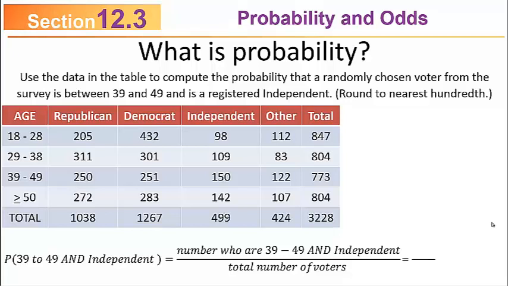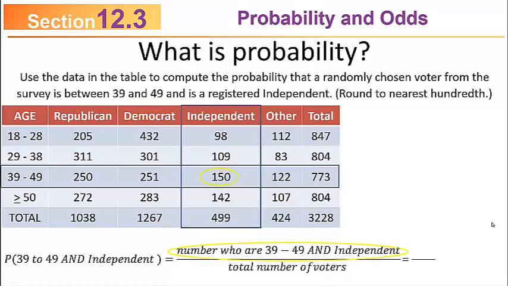So if we're looking at that, the numerator is the number who are 39 to 49 and independent. You first start with the 39 to 49 row, and then you look at the independent column, and the ones that are both, and means intersection, are the 150 that are in both the 39 to 49 row and the independent column.